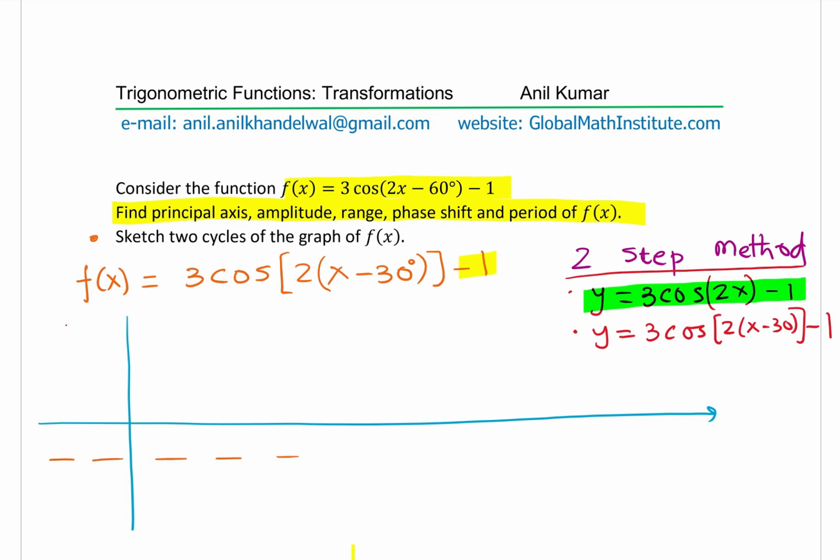So we'll sketch this axis. This is y equals minus 1. And now we'll consider the amplitude of 3. That means from the axis, you go 3 up and 3 down. So let's say this is 1, this is 2, and this is 3 up. So that is your maximum limit. And then 3 down means 1, 2, and let's say this is 3 down.